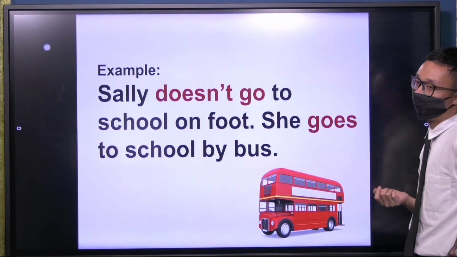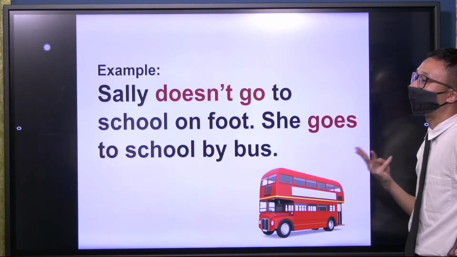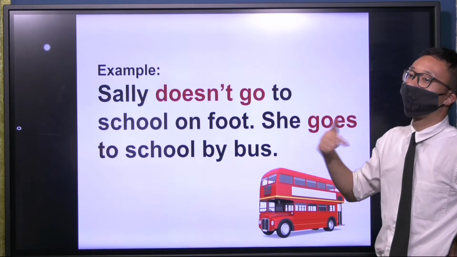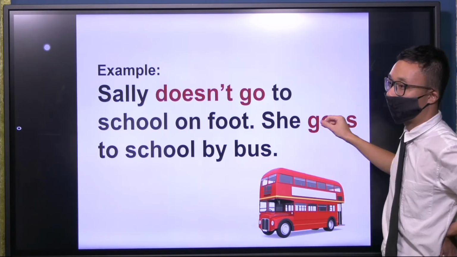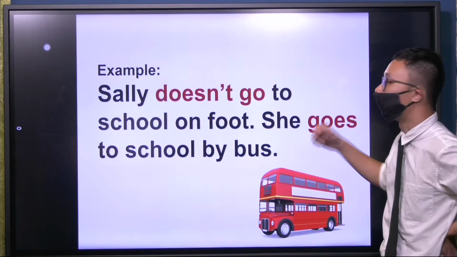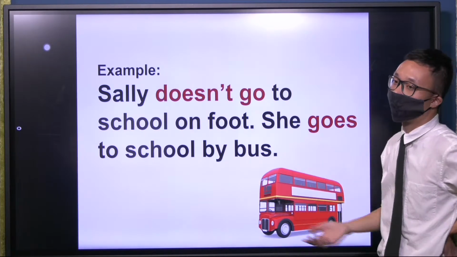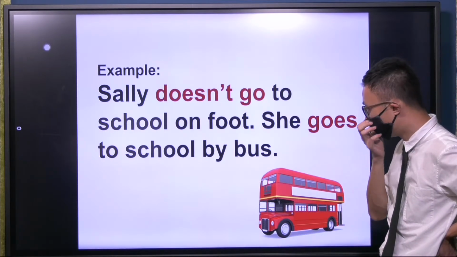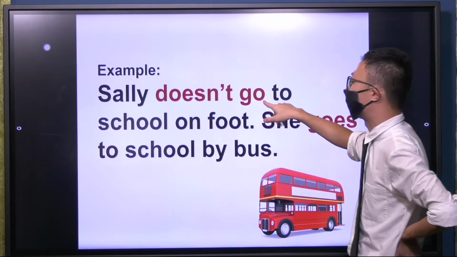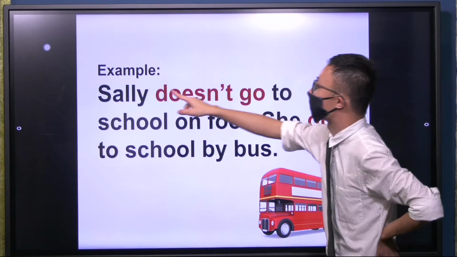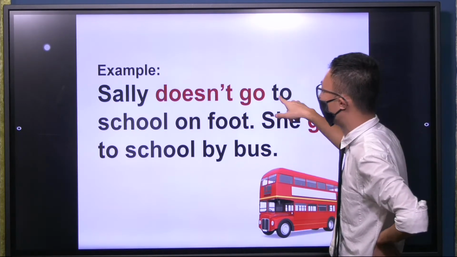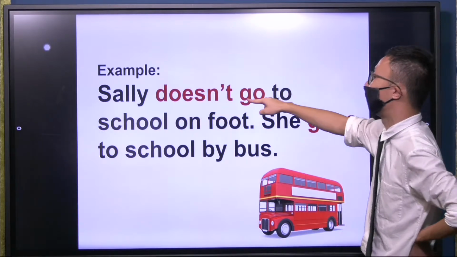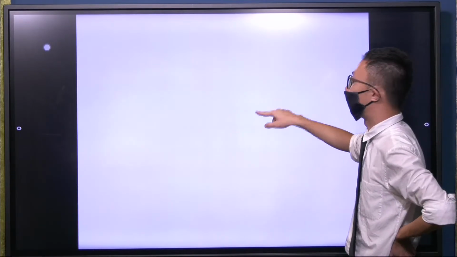I hope you remember that when we use third person singular, that means he, she, it, in present tense we put an s at the end of the verb. In some cases it's es, or we change the verb form a little bit. Here, for the negative form, where it says Sally does not go to school, the s comes with the doesn't, and the verb remains infinitive.